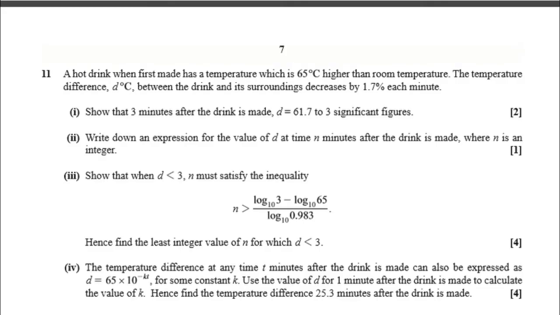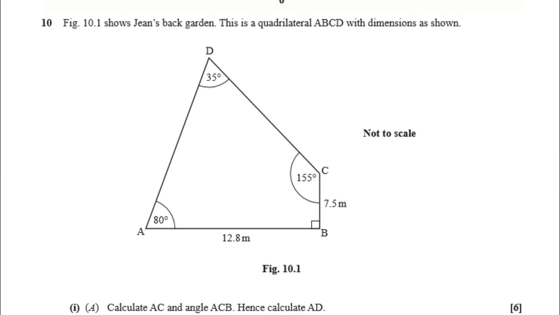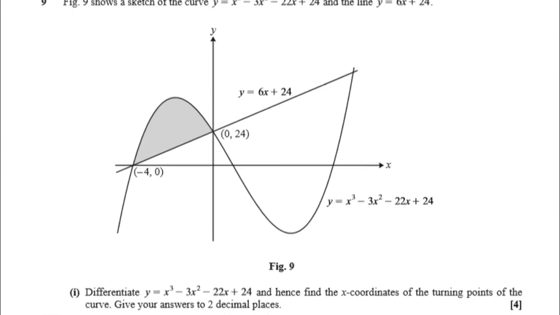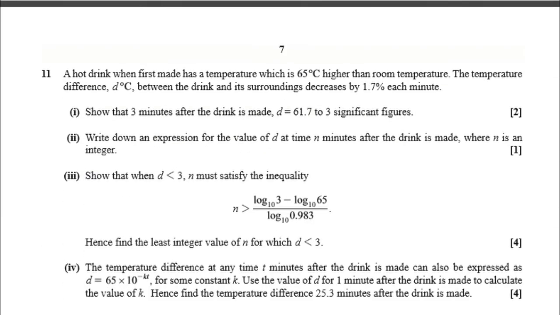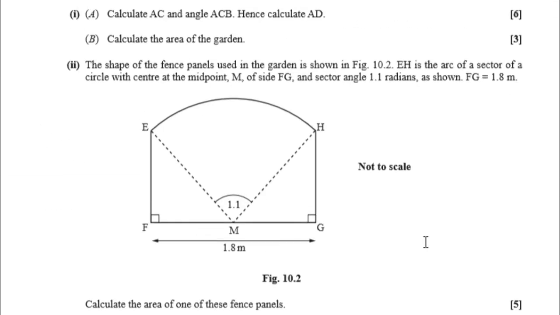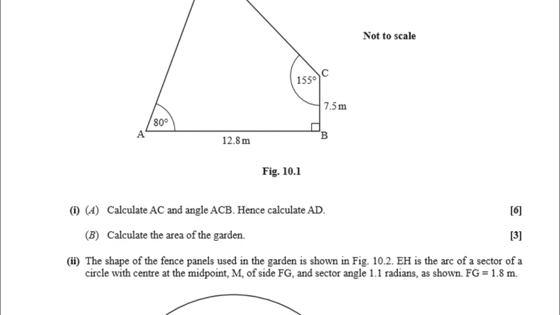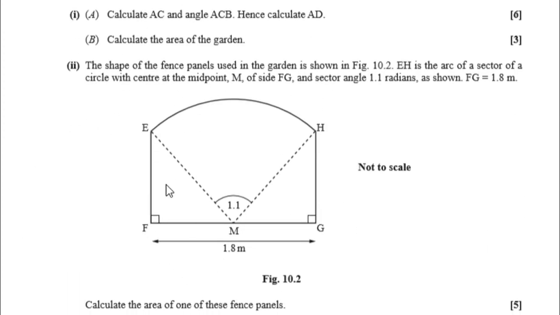And yes, this is the last of this section B, and all of these questions are straightforward. Possibly people will struggle with the log-based stuff because it's a bit more difficult, as well as the radians questions.